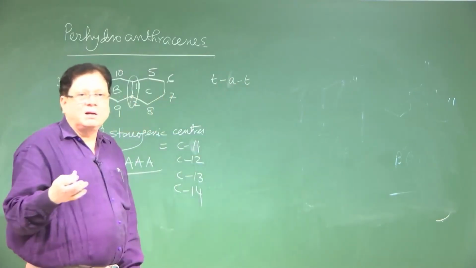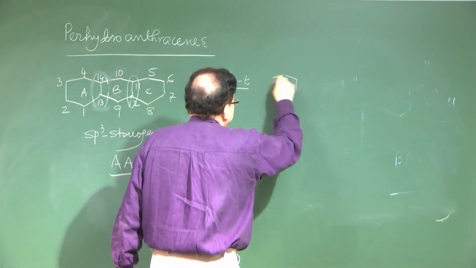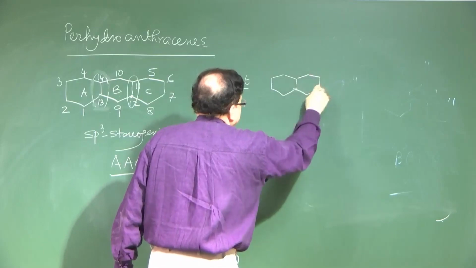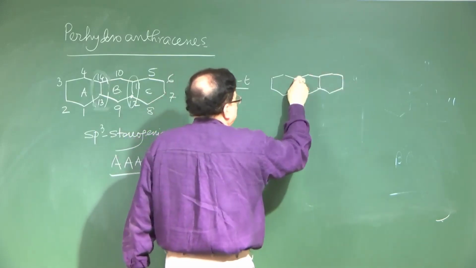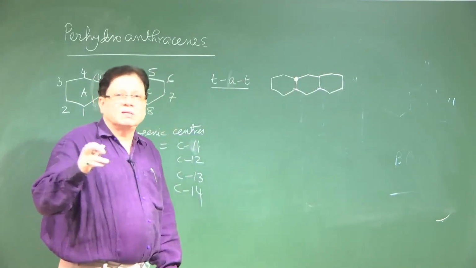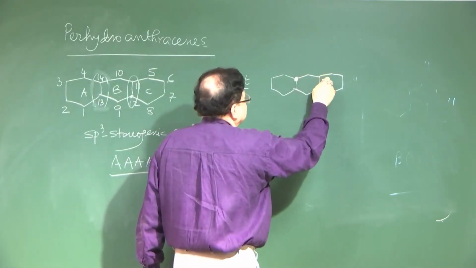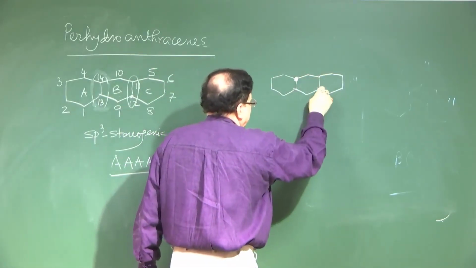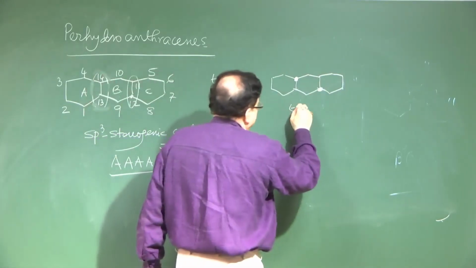Anti also means the transoid. So, TAT is the first one. What is TAT? Quickly you can draw it. You can put here one bold, this we are not showing, that means the hydrogen is alpha, this is beta, and then you have anti, that means this you should not show, and this is the one. So, this is what is called TAT.